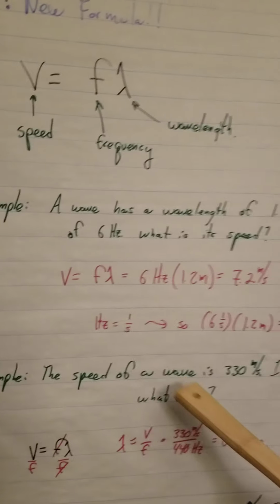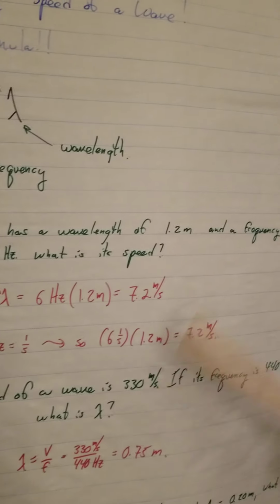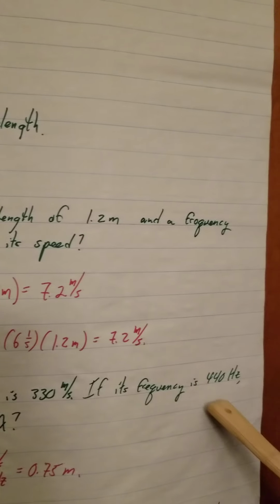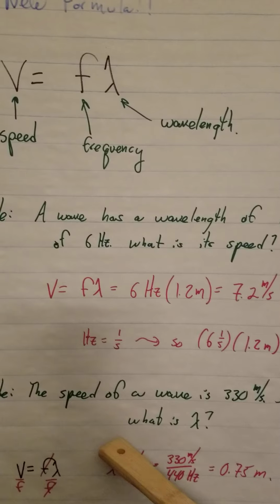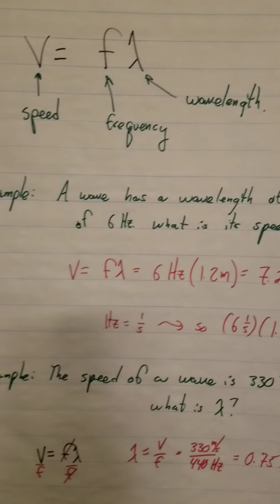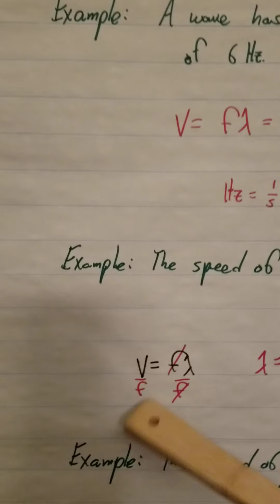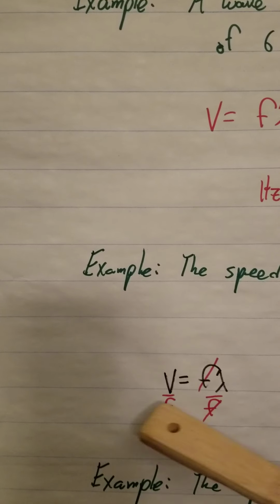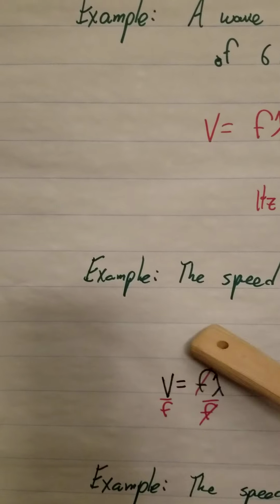Example: the speed of a wave is 330 meters per second. That's fast. That happens to be the speed of a sound wave. If its frequency is 440 hertz, what is lambda? I'm looking for the wavelength. I started with my original formula and did some algebra. I need to get lambda by itself, so I divided both sides by f, crossed out an f here.